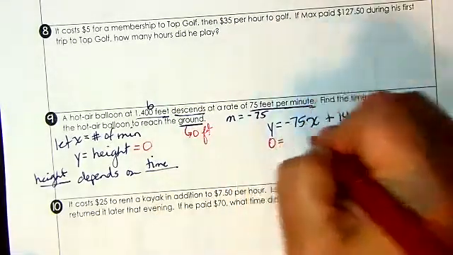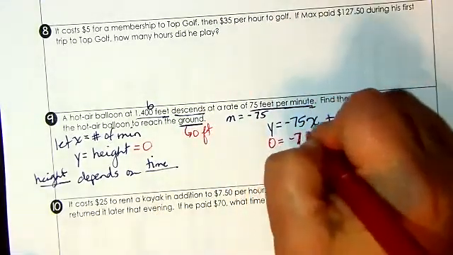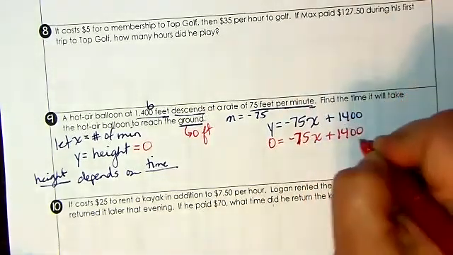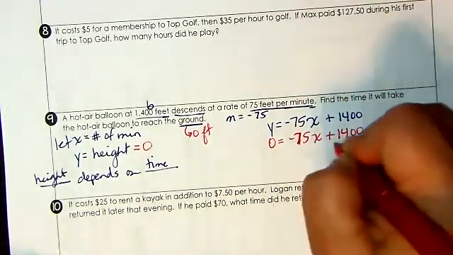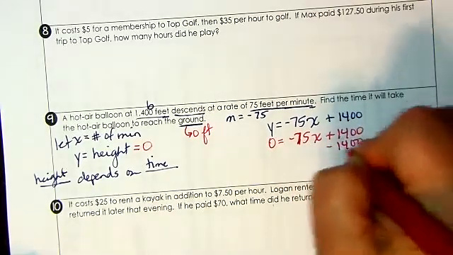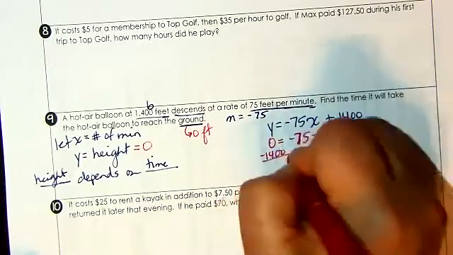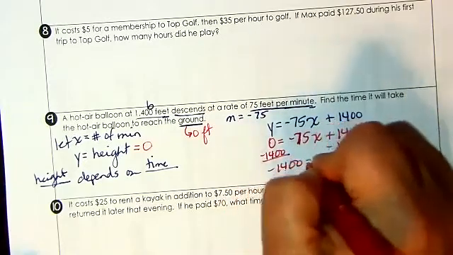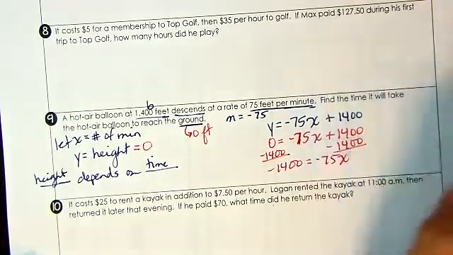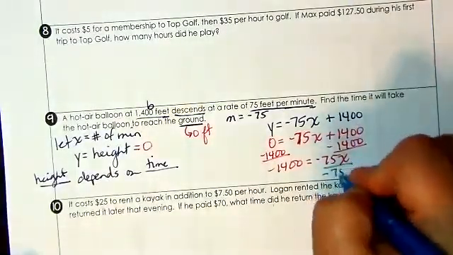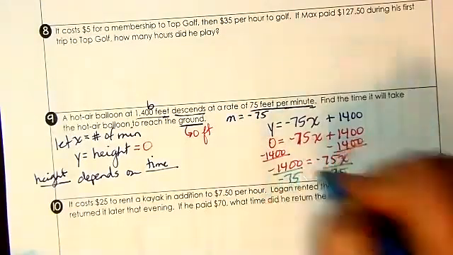So we would have 0 equals negative 75x plus 1,400. And now we've got to solve for x. So I'd subtract 1,400, and that's going to give me negative 1,400 equals negative 75x. And now I divide by negative 75 to both sides.